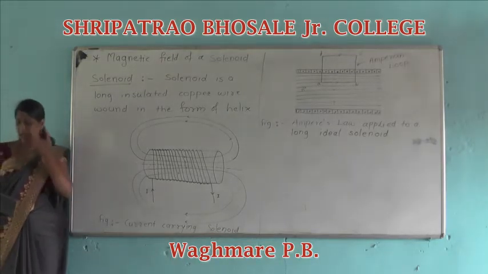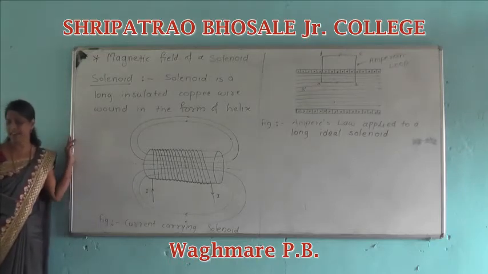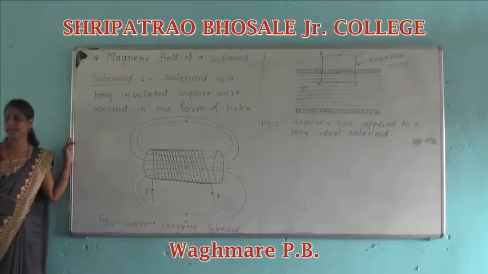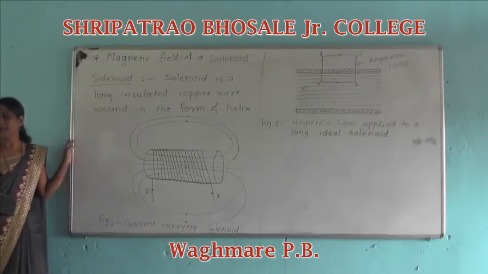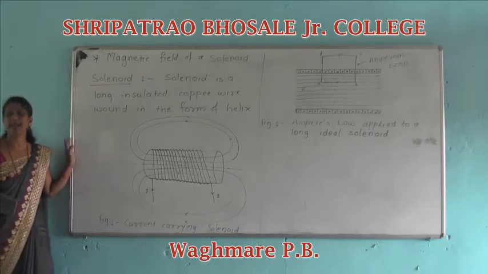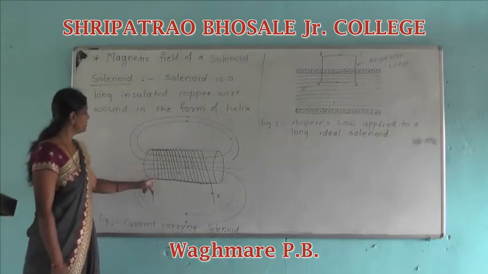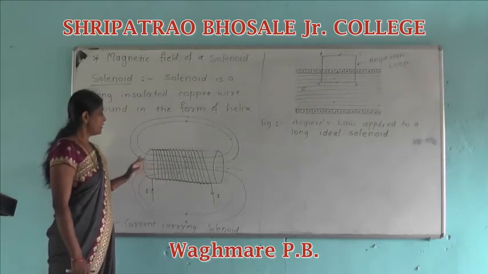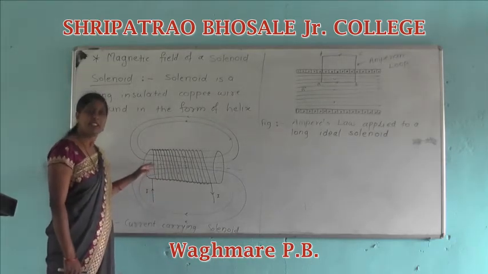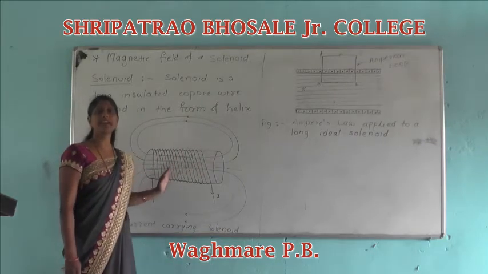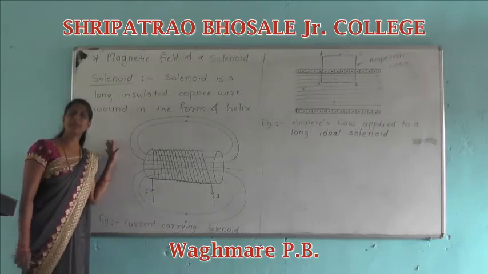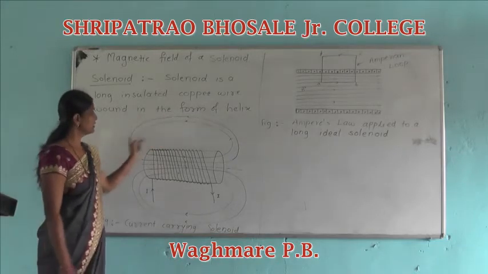For a real solenoid of finite length, the magnetic field is uniform and has good strength at the center and is comparatively weak outside the coil. This is the coil-like structure, and the magnetic field strength is strong inside near the axis of the solenoid and comparatively weak outside the solenoid.